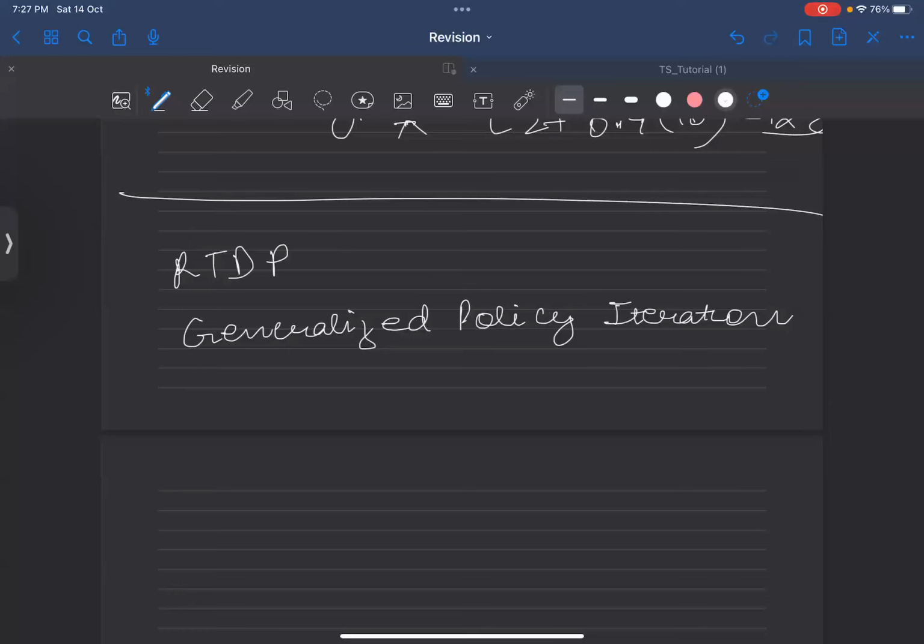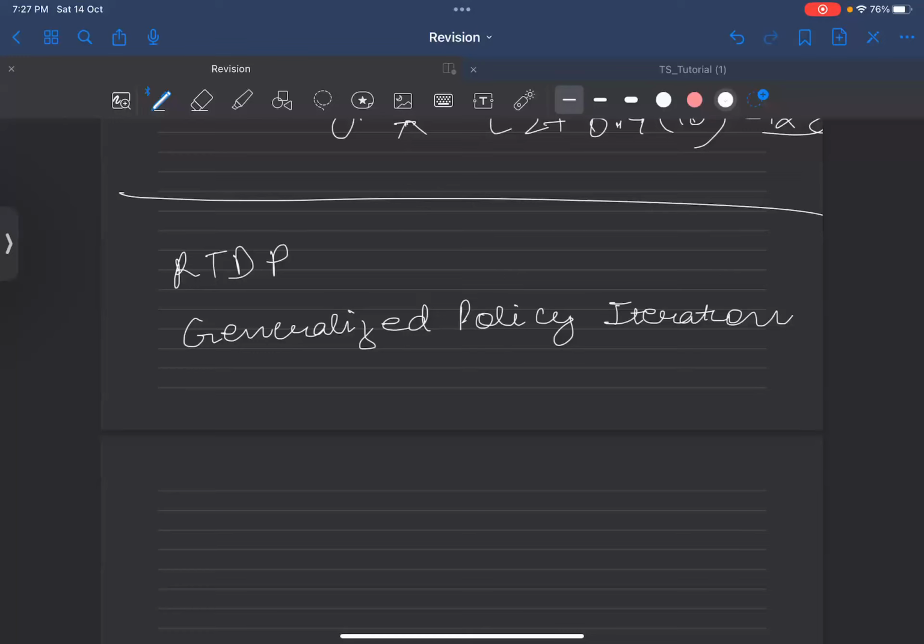This came into the picture to save the computational power, storage, and time, which was very complex. So just focus on the states which are more valuable, with lesser focus on others, or do the partial policy evaluation and partial policy improvement. That is why it came into the picture.